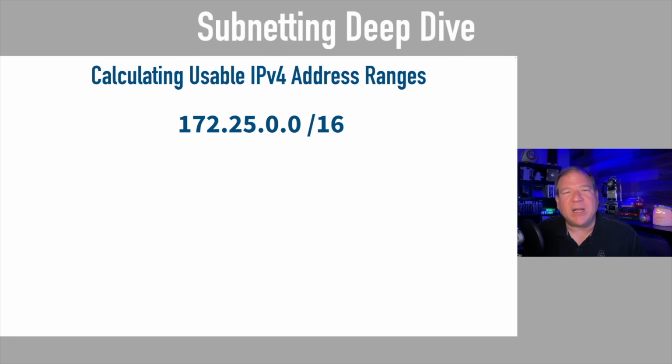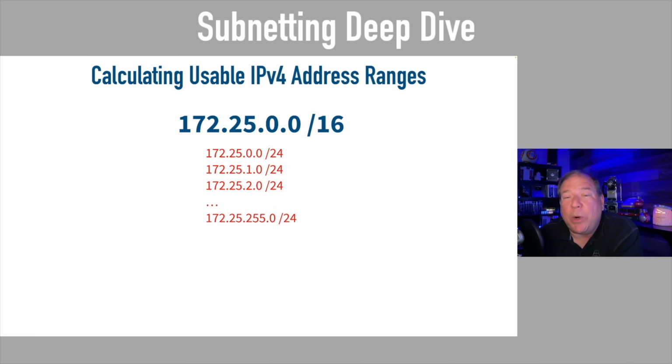But let's say that we've got this class B network address of 172.25.0.0/16, and I apply a /24 subnet mask. In other words, I borrowed 8 bits. When I did that, how many subnets did I create? 2 to the power of 8 is 256, isn't it?